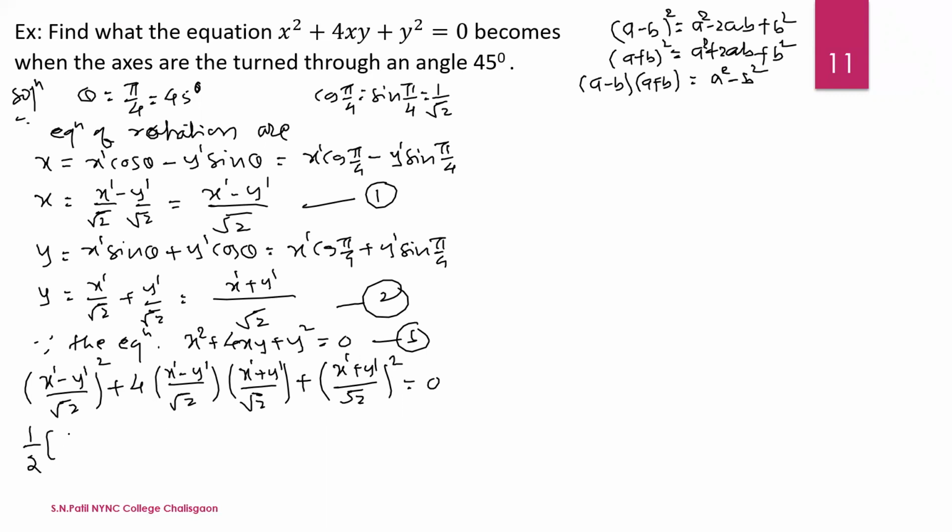We apply the formula here: x dash square minus 2 times x dash y dash plus y dash square, plus 4 times x dash square minus y dash square, plus x dash square plus 2 times x dash y dash plus y dash square.